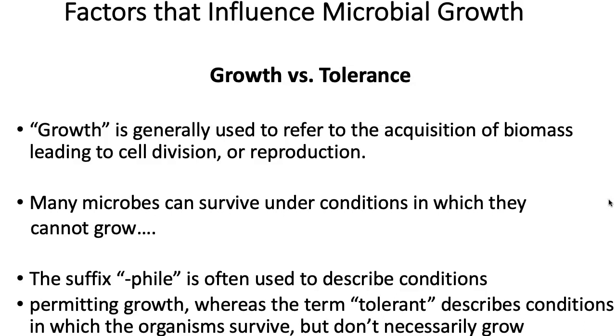We have a "phile" and a "tolerant". Anytime we say "phile", then we are describing a condition that will permit growth. Whereas when we say "tolerant", we are describing a condition that an organism can survive, but they cannot necessarily grow.